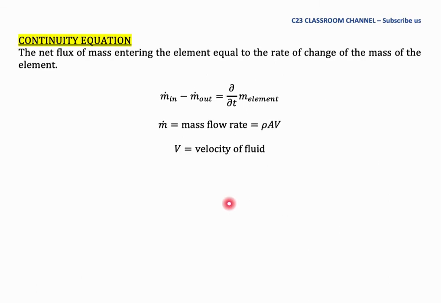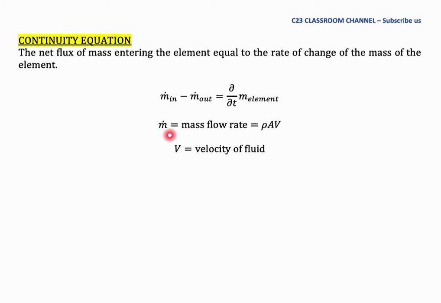The idea is still the same as the derivation of the continuity equation for Cartesian coordinates. The net flux of mass entering the element equals the rate of change of the mass of the element. So we can write mass flow rate at inlet minus mass flow rate at outlet equals the change of mass with respect to time, dm dt.